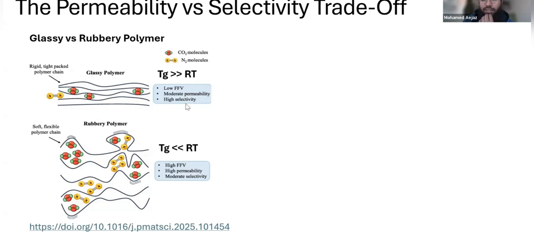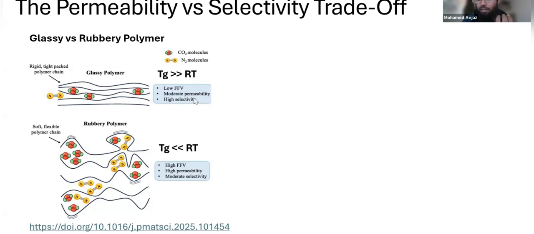Because this free volume is low, you have low permeability, because the gas diffuses through the free volume in your polymer. So imagine you have a noodle-like structure and then you have pockets in the noodles everywhere. If you pass the gas, then the gas will usually go through the pockets in your noodles. So in a glassy polymer, since the structure is frozen, the space allowed for the gas to go through is really, really less.